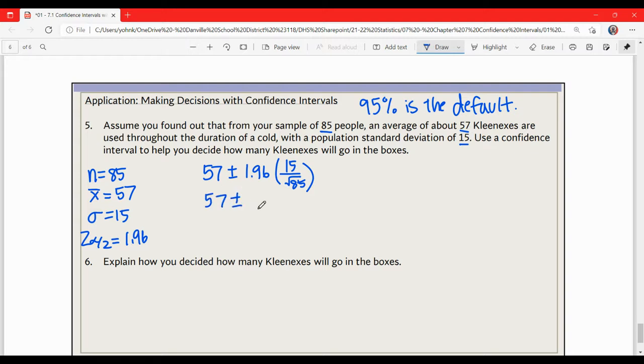We're using summary statistics, so we go to the same decimals as the mean. The mean has no decimals, so when I calculate 1.96 times 15 over the square root of 85, I want no decimals, I get 3. So 57 minus 3 is 54, is less than the mean, is less than 60.